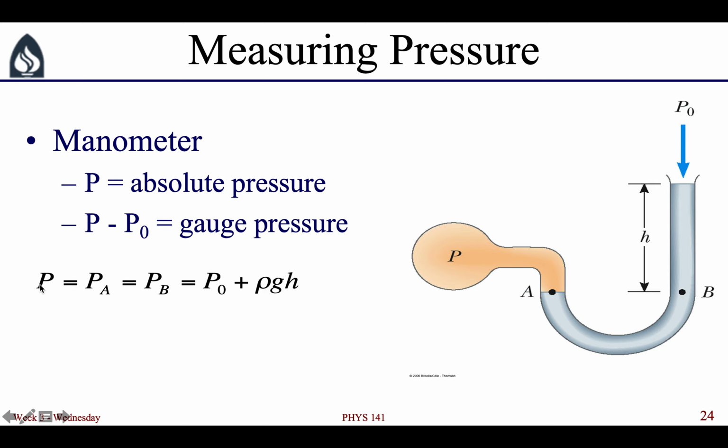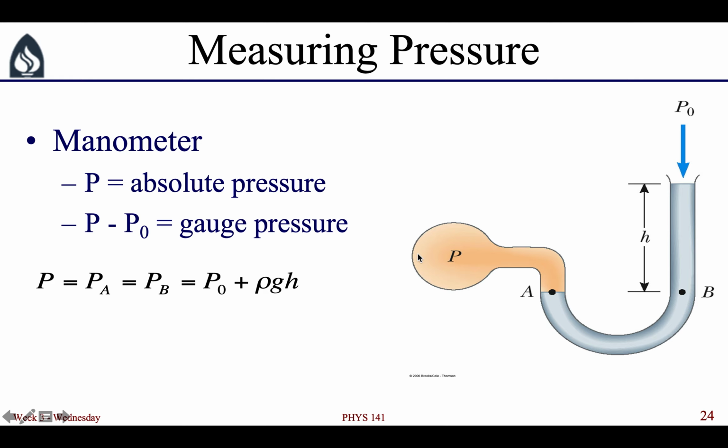So that's expressed here. The pressure of the gas is the pressure at point A, because point A is in contact with the gas. But since point B is at the same height and both point A and point B are in contact with the same fluid, then point B is the same pressure as the pressure of the gas. And that pressure, since it's at a depth beneath the surface of the fluid that's open to the atmosphere, is equal to the atmospheric pressure plus rho gh, where rho is the density of the fluid and h is the depth of this point beneath the surface of the fluid.